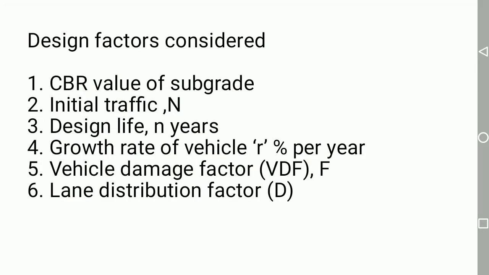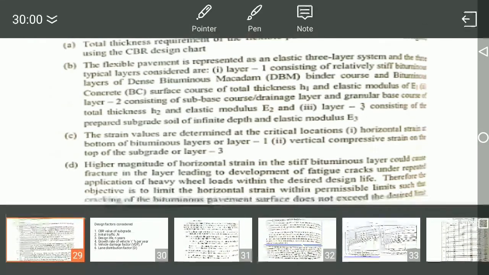So now you can observe here, some guidelines have been given by the IRC, that is the Indian Roads Congress, for the designing of the flexible pavement. So I will briefly explain what the design approaches are that we need to consider for designing a pavement as per the Indian Roads Congress guidelines.